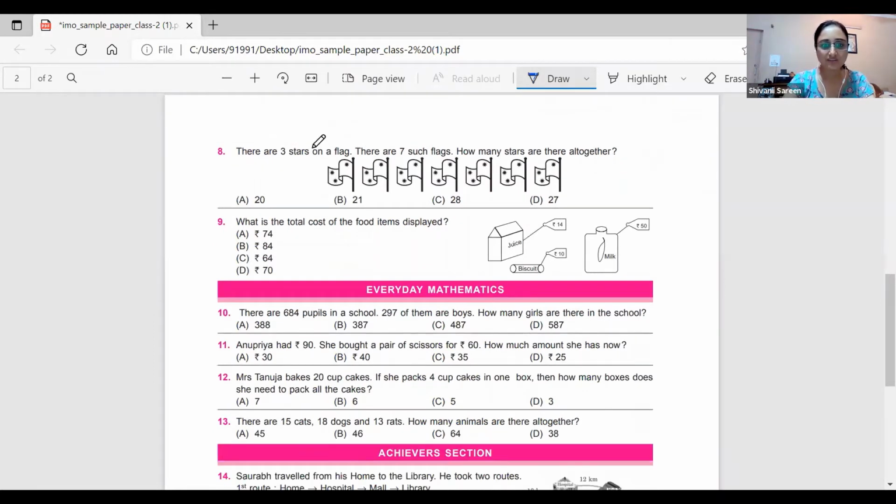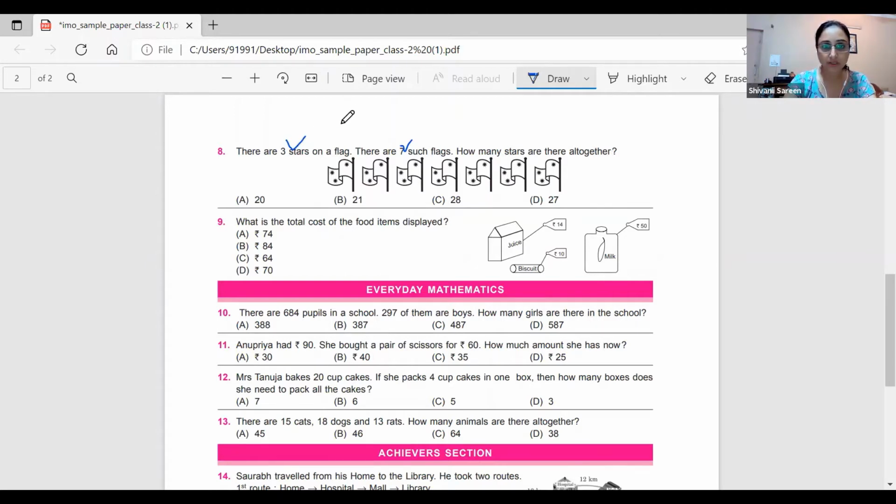There are 3 stars in a flag. There are 7 such flags. How many stars are there altogether? There are 3 stars in a flag. There are 7 such flags. So how many stars are there all together? So for this, you must know tables.